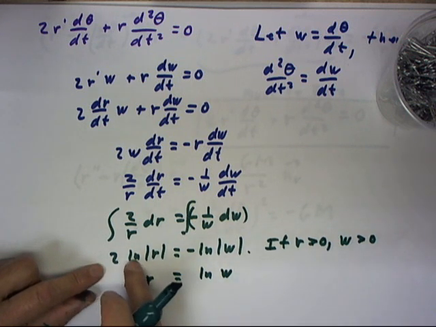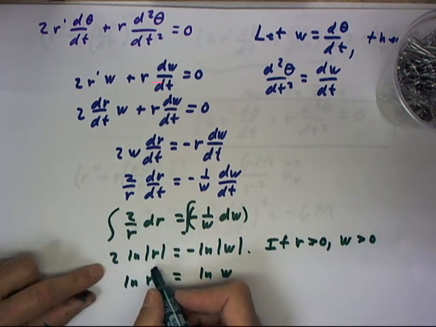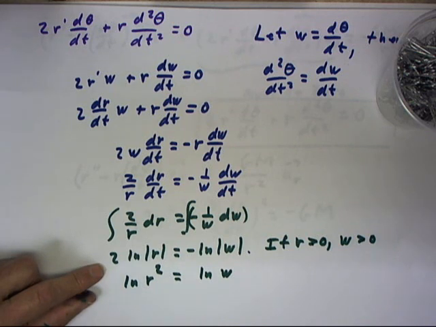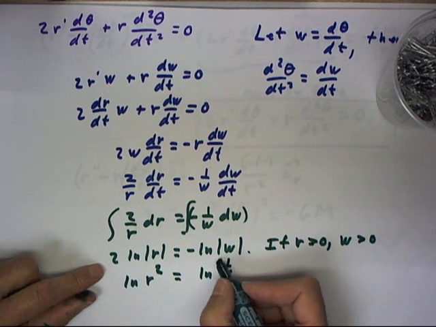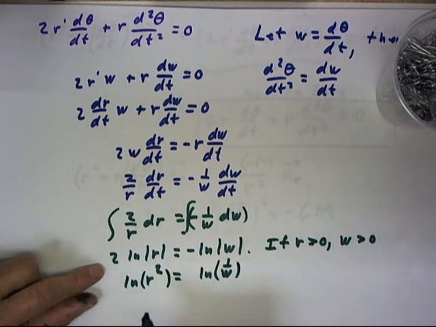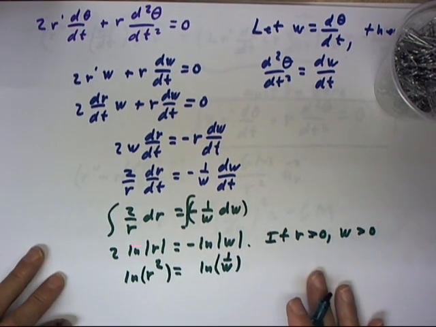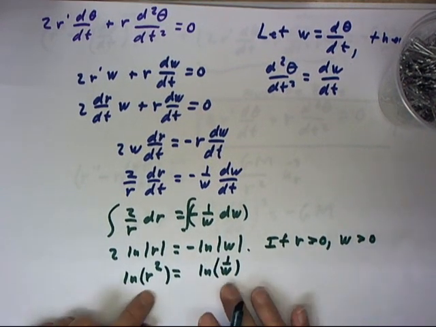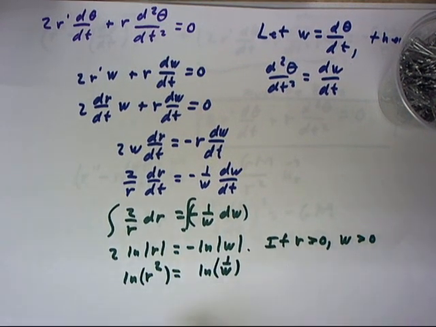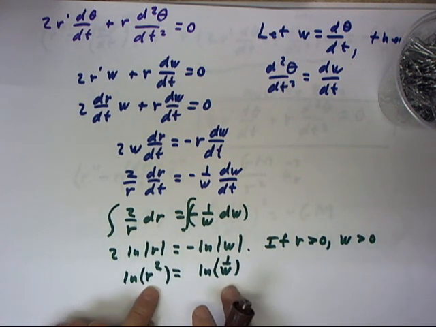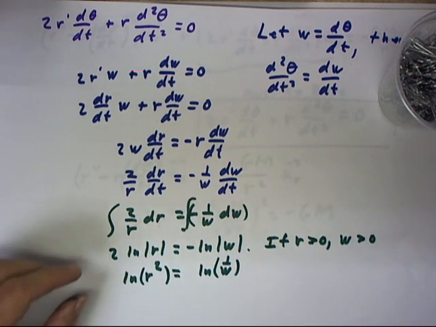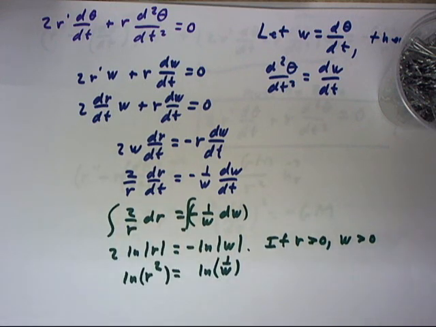Now we know that 2 times the natural log of something is the natural log of the square of that thing, and negative natural log of a quantity is the natural log of the reciprocal of the quantity. If you're not sure about those laws of logarithms and how they're related to the laws of exponents, you should consider reviewing this. But this follows from the laws of exponents by way of the laws of logarithms.